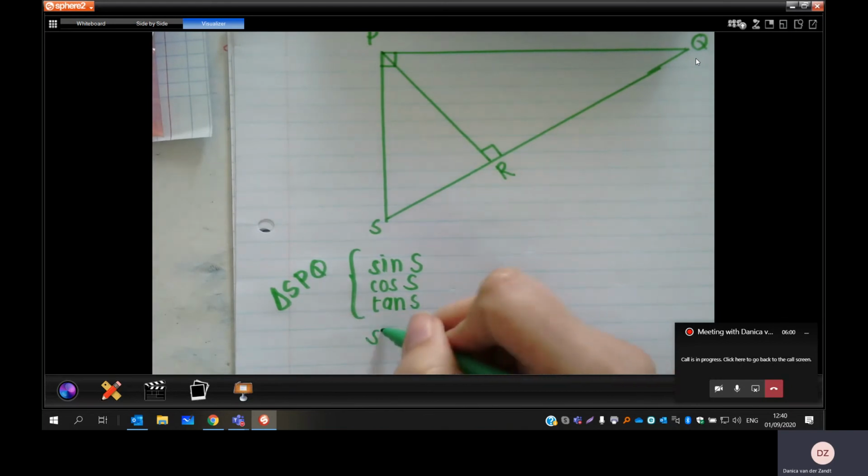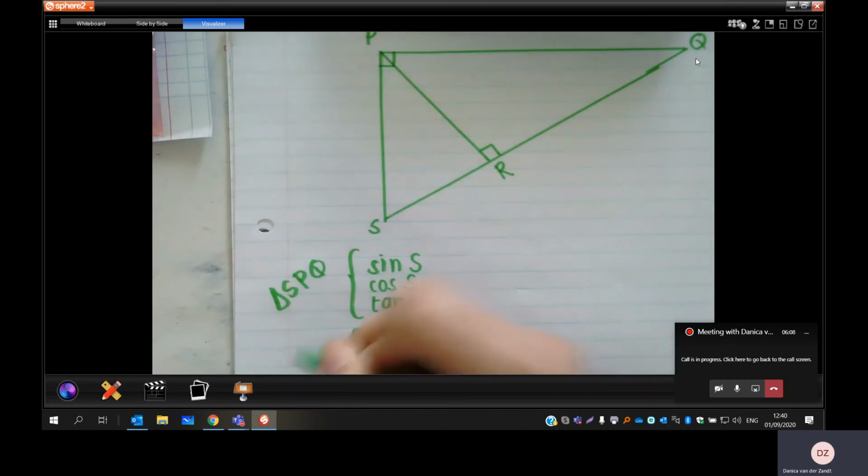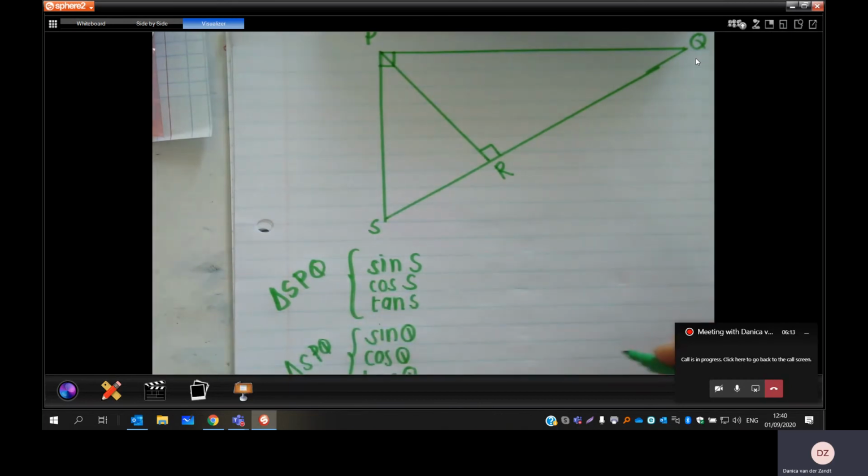Then I want sine of Q, cos of Q, and tan of Q in the big triangle SPQ and in the small triangle QPR.